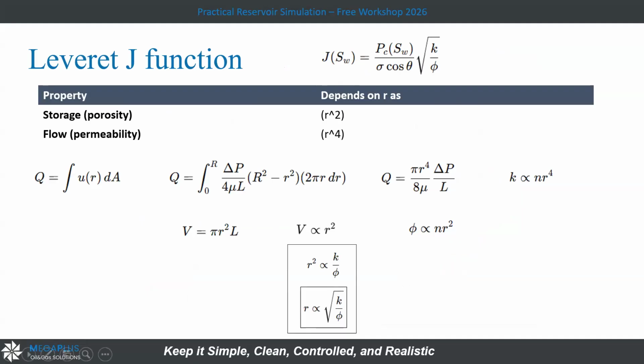You will find with the Darcy equation that permeability is proportional to R to the power 4, and porosity is directly proportional to the square of R. So if you divide the permeability over the porosity, the terms cancel out and it will be related to R square. So the root of permeability over porosity can represent this function.